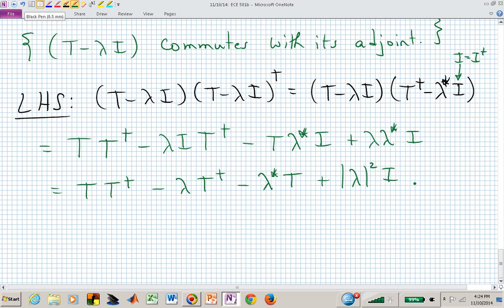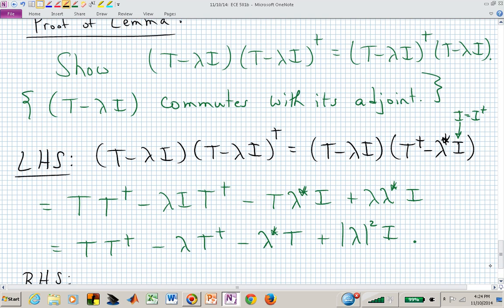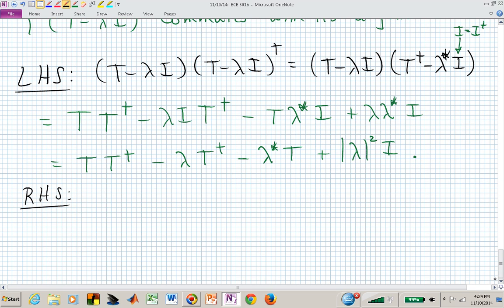Let's look at the right-hand side. And I've just collapsed the right-hand side. There's the right-hand side: T minus lambda I dagger times T minus lambda I. Again, we can push that dagger through the sum of the two pieces.